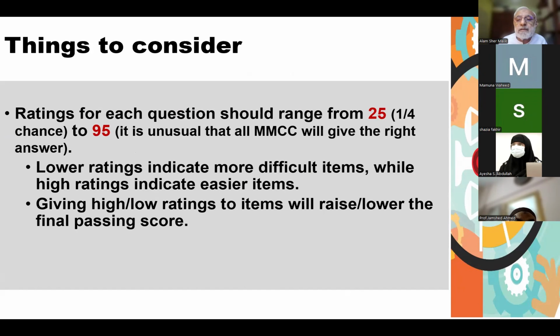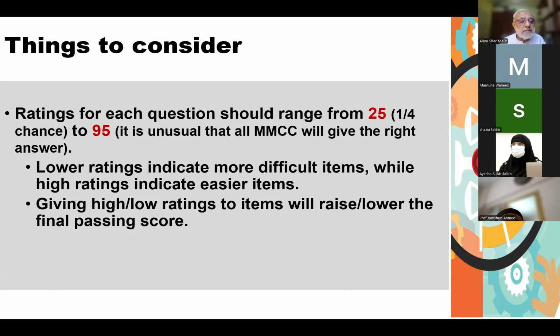But if it is a 5-option question, then it would be 1 out of 5, or 20. And as for 95, it is unusual that all, if we say 100, that means that all the minimally competent students will be able to answer that. So the lowest level is usually kept at 20 or 25, based on the type of question, and the highest at 95.